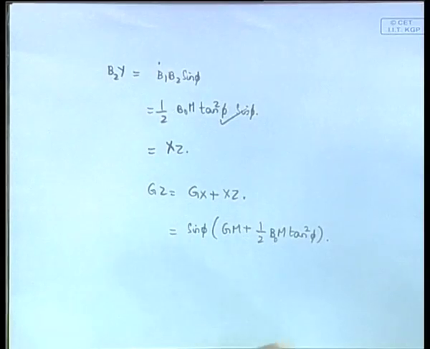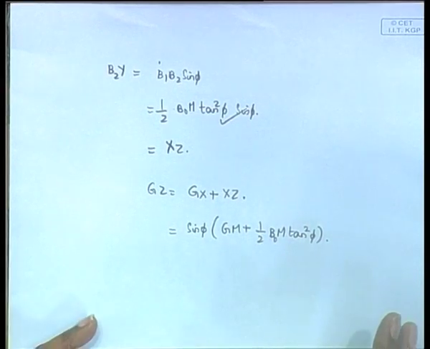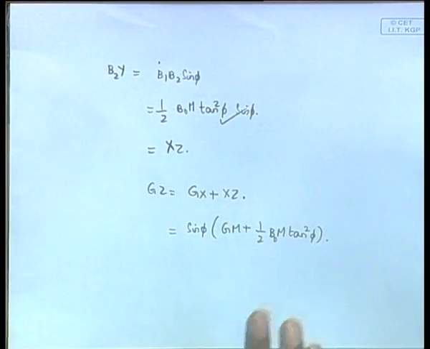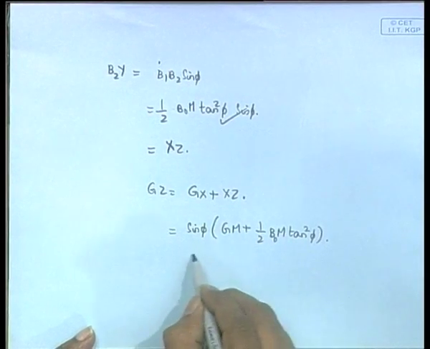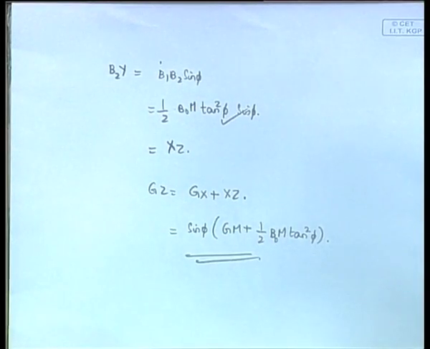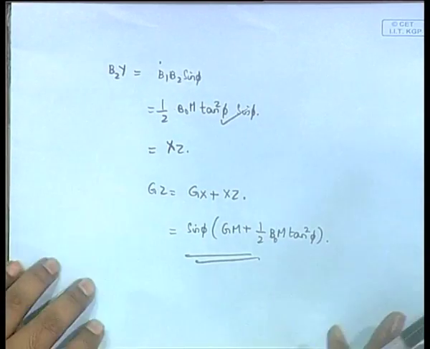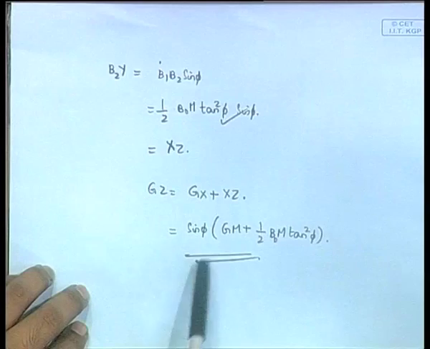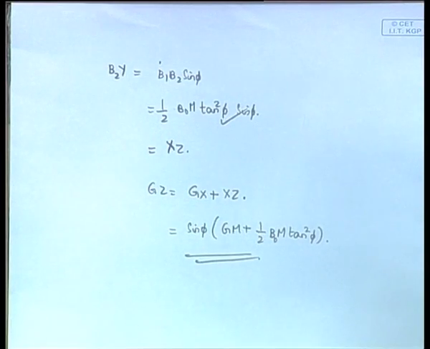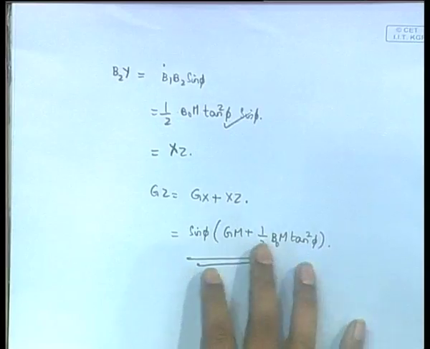It is again multiplied by sin phi, which is also small. So it is a second order quantity and does not really matter, but this is the real expression. This is the final expression; you have to remember this for this course. But Gz equal to Gm sin phi is something you have to remember forever, all your career.